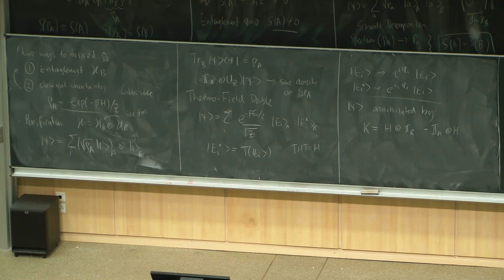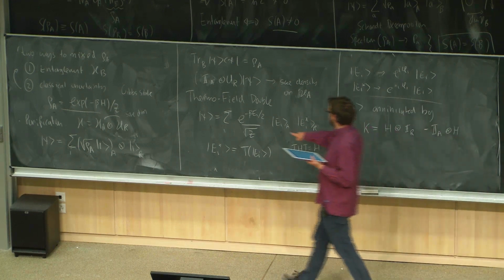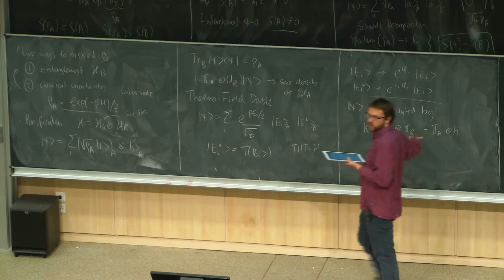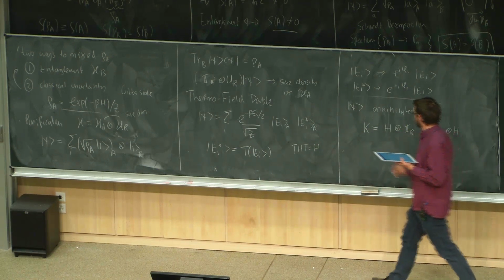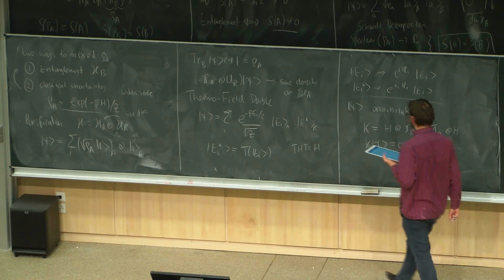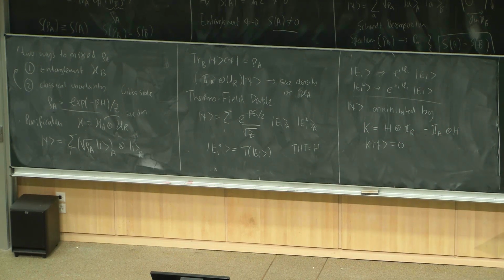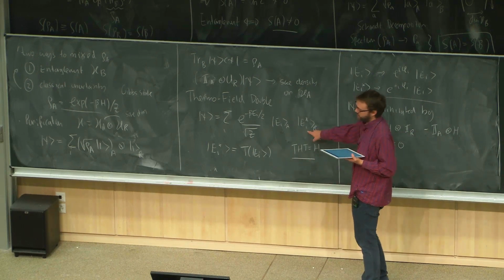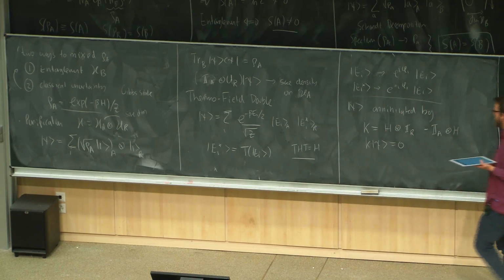And that's just because these have the same energy eigenvalue. So when I act here, I get the same value, and there's a minus here, so it cancels. So K psi is 0. Yes, at that point I'm assuming H commutes with T, so that the spectrum is the same.